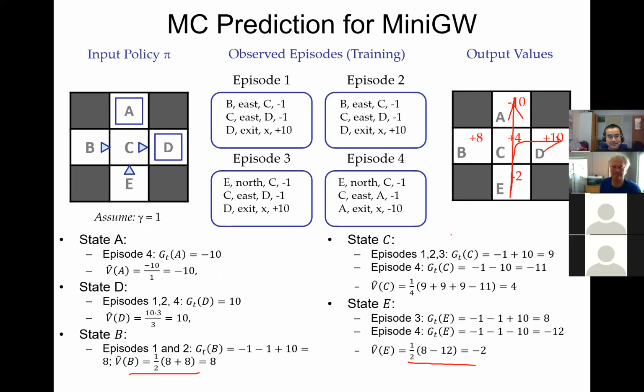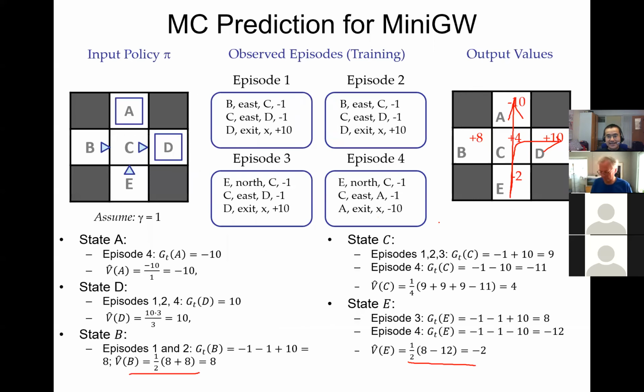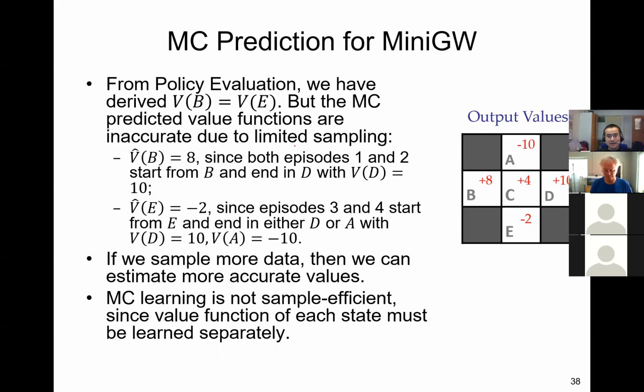The reason is that you're just unlucky for E, because for B, both episodes 1 and 2 start from B and end in D with a high value, whereas for E, you happen to see 2 episodes starting from E and ending in either D or A. So that's why the predicted values are not accurate. If we sample more data, then we can estimate more accurate values.